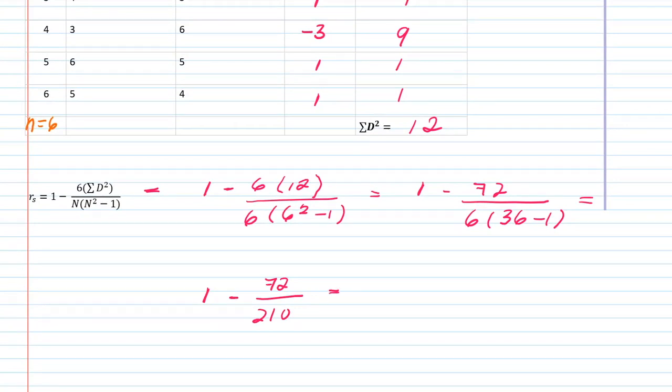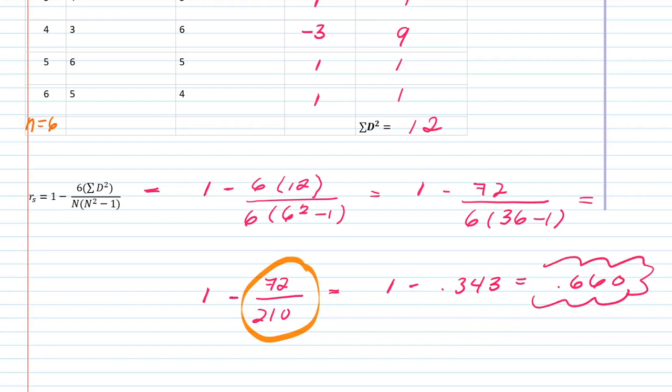Then I finally do this division. So it's 1 minus 0.343. And the answer is 0.660. So that is my correlation.